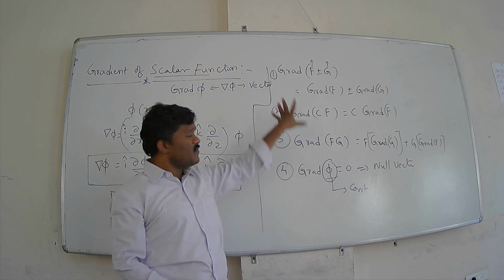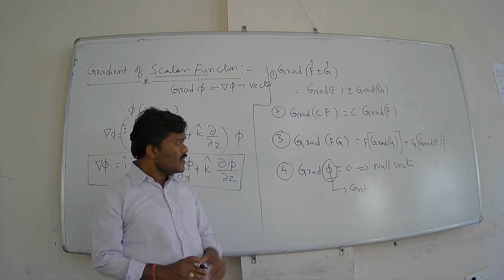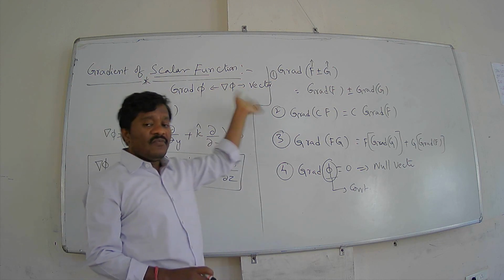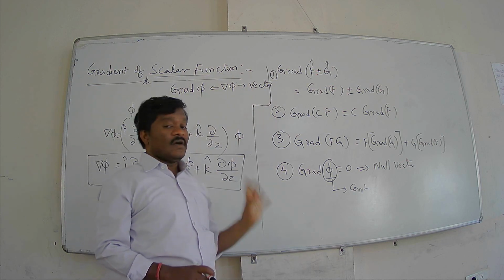Like this you have a number of properties, and accordingly you can find a number of problems while taking the gradient of a scalar function.